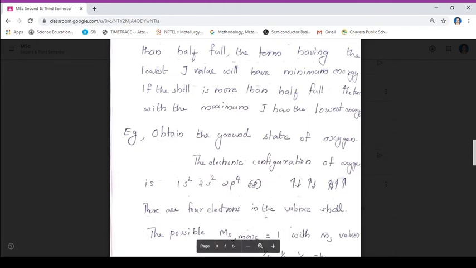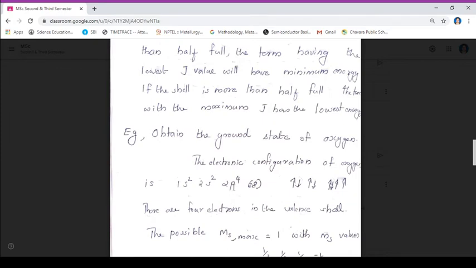So there are 4 electrons in the valence shell, because this is the outermost shell. It is more than half filled, because for p the maximum number of electrons is 6, and since it has 4 electrons, it is more than half filled.